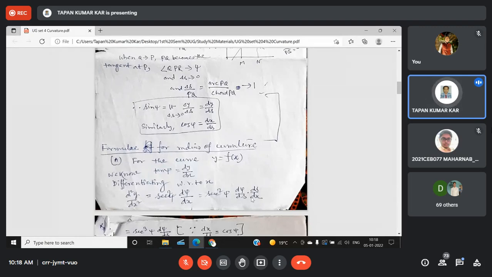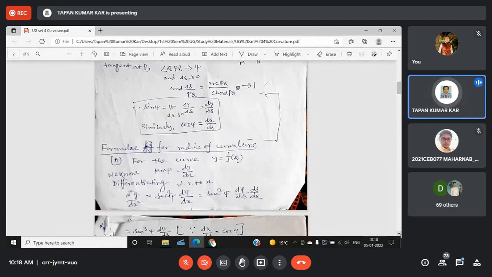So ultimately it is d psi dx. Why is it written d psi dx? Because you have to introduce rho here. And look at this, here it is ds dx. That's why I have already mentioned here sin psi equals dy ds, cos psi equals dx ds. All these are to be used here.